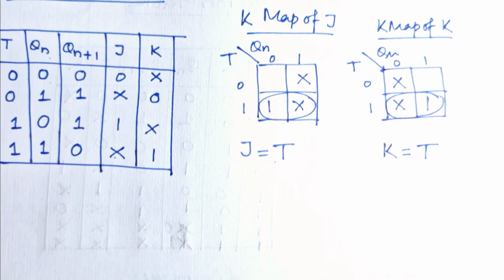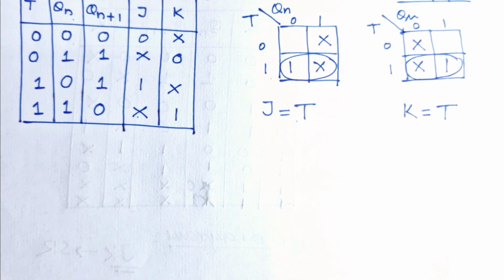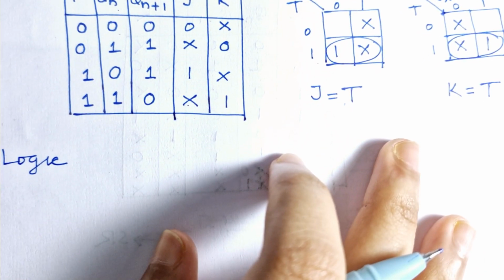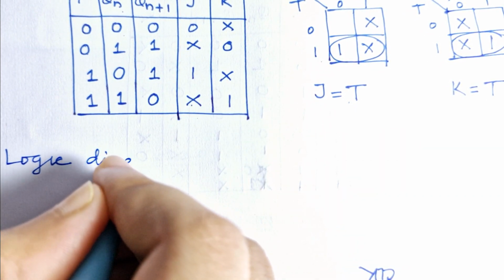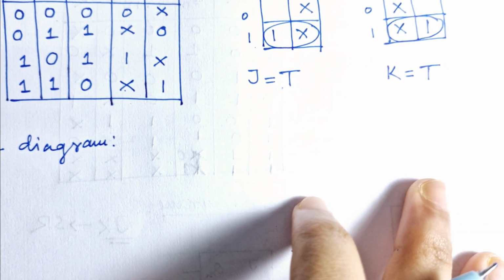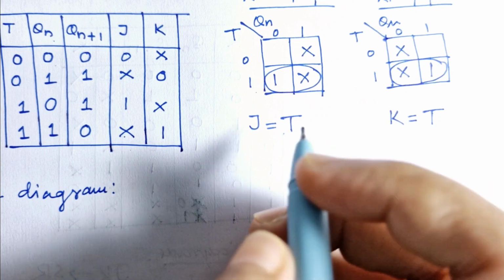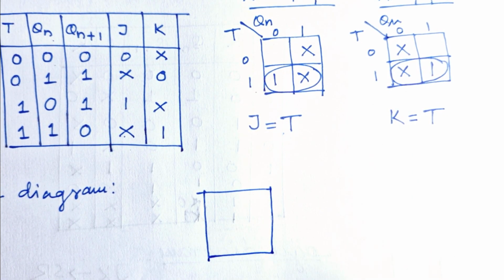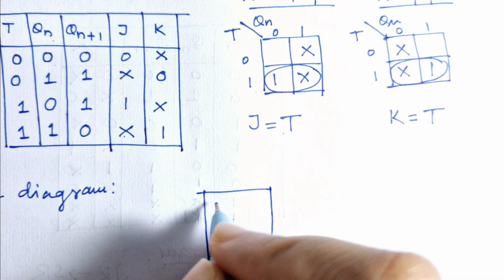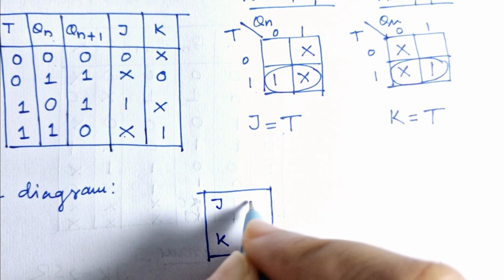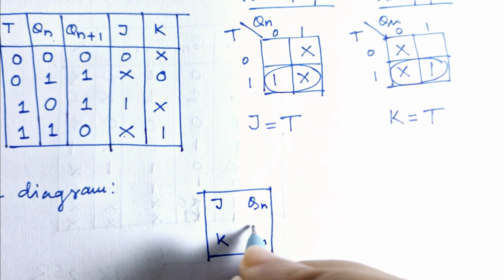Now we will draw the logic diagram. We'll first draw a block. The source will be put here. Our source is JK because we are converting JK to T. So J and K, Qn and Qn bar.